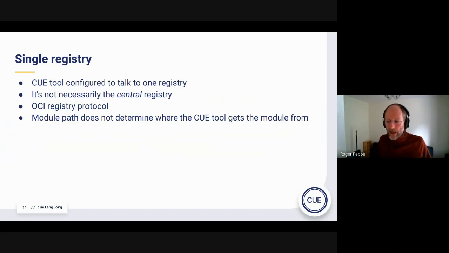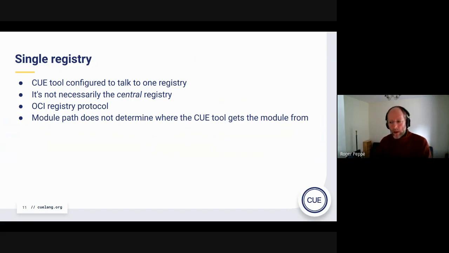As I'll say later, that doesn't necessarily mean that all your things are actually coming from one place, but logically that's how it works. So when you configure the Q tool, you would configure what that registry is, and you're not necessarily talking to the central registry. You might be talking to a registry that you've set up.